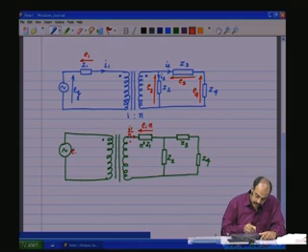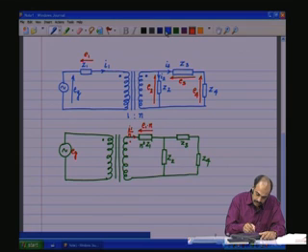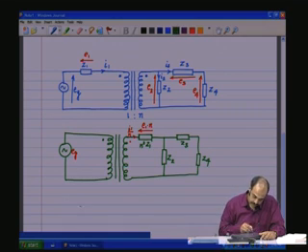Now, Eg could probably also be shifted to the secondary side by multiplying Eg by the turns ratio n, which means the circuit will look like this.